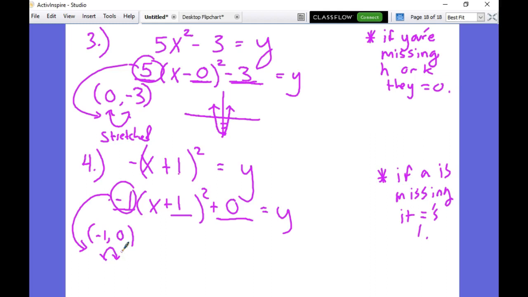Wide, stretched, or normal? Normal. The reason it's normal is because this number is equal to 1 if you take the absolute value of it. So it's not going to be wide, it's not going to be stretched, it's going to be normal. So if we graph this, -1, 0 would be here. It's going to be a sad face. It's not going to be skinny, it's not going to be fat, it's just going to be a normally shaped parabola. Okay?